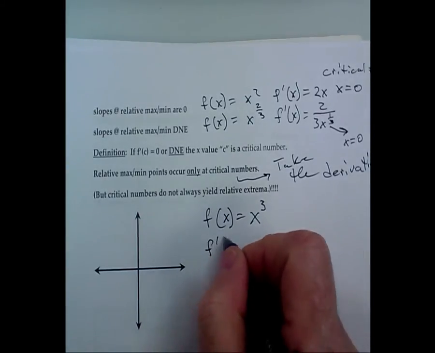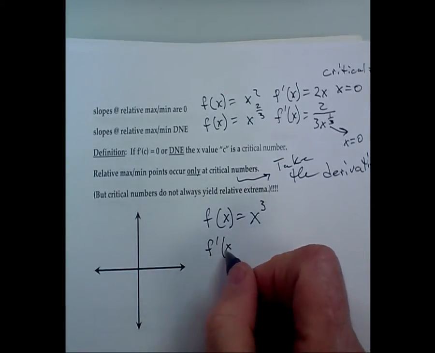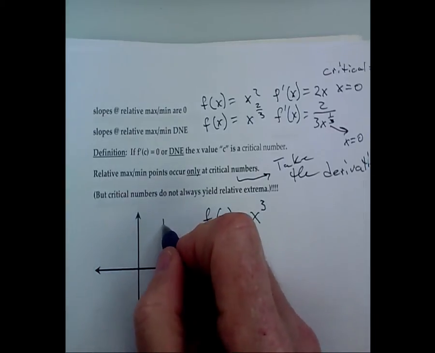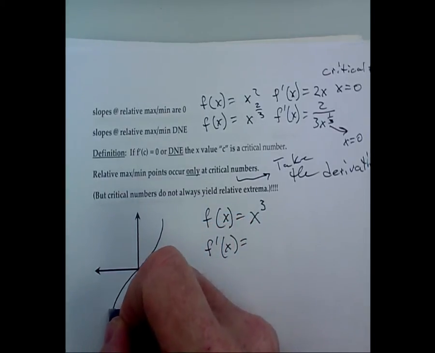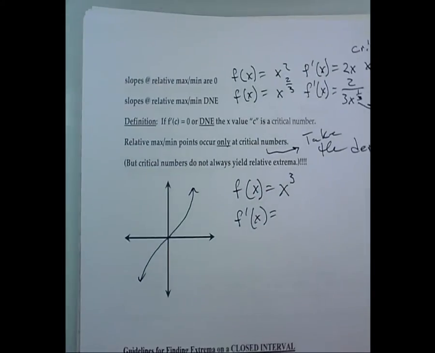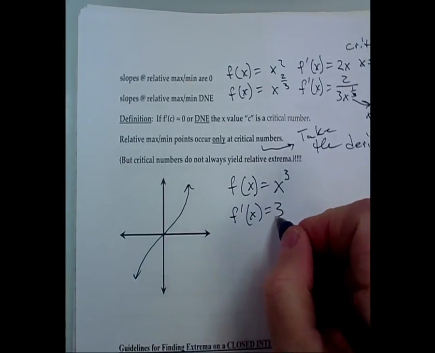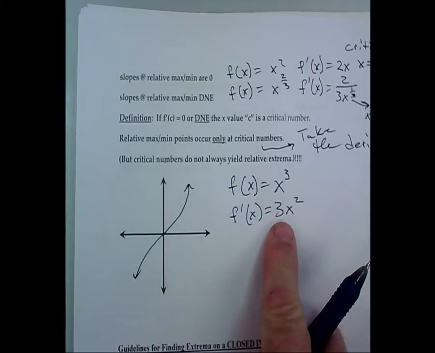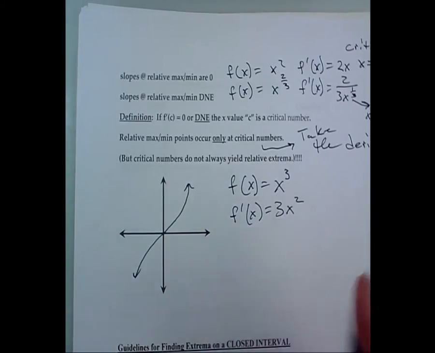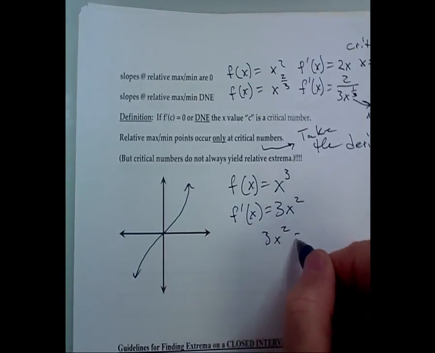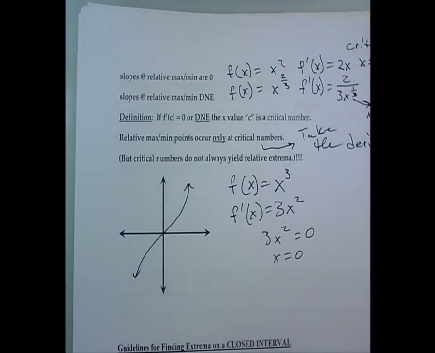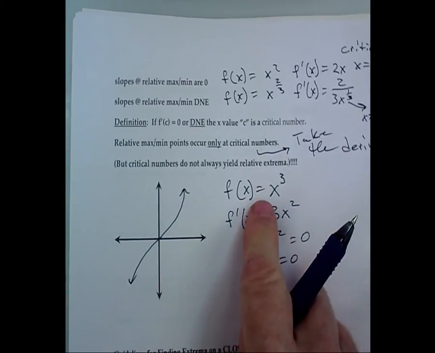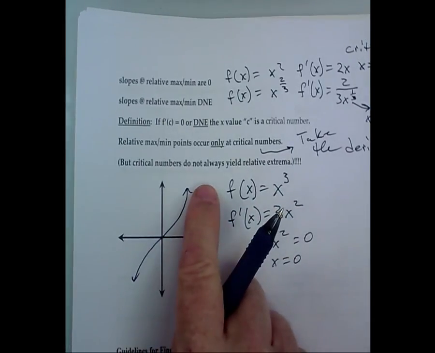The derivative, and that looks like this, by the way. The derivative is 3x squared. I make this equal to 0, and I get x equals 0, correct? But when I put 0 in here, this is what the graph is.